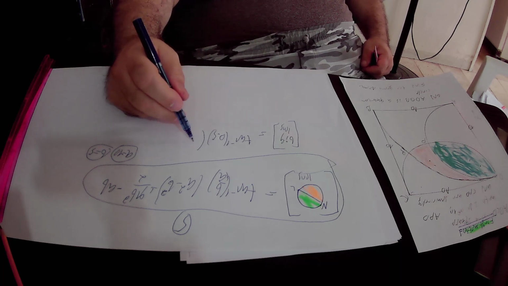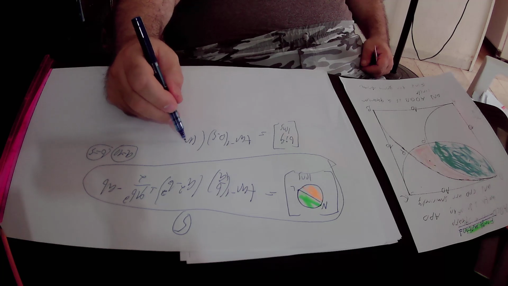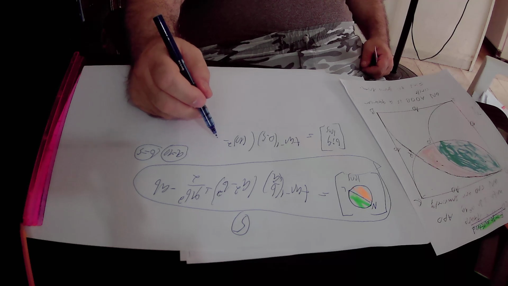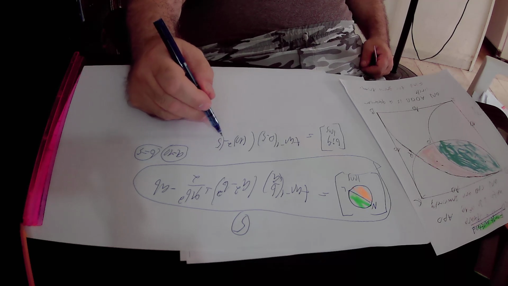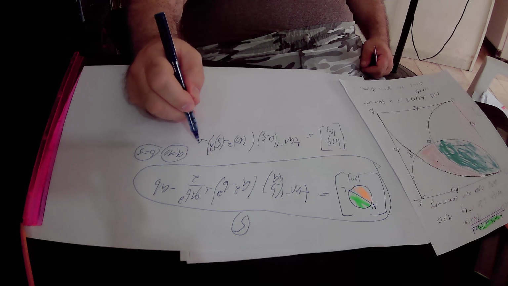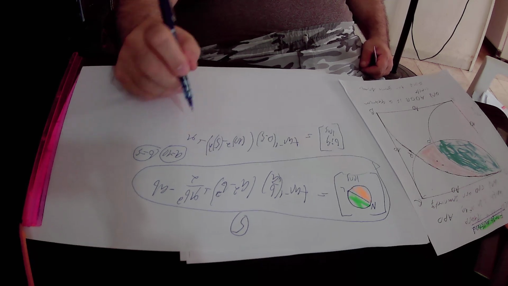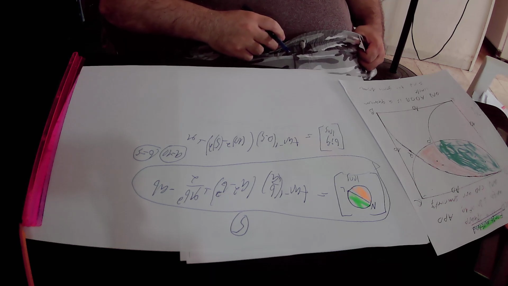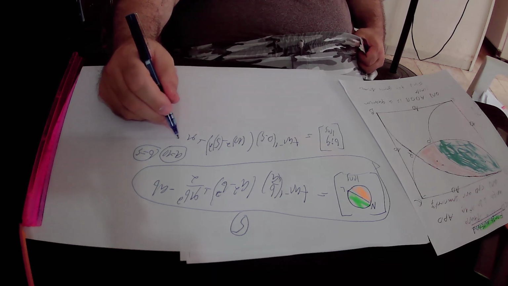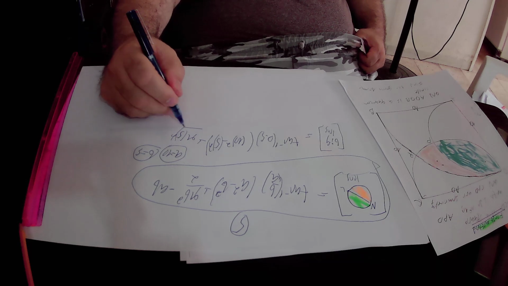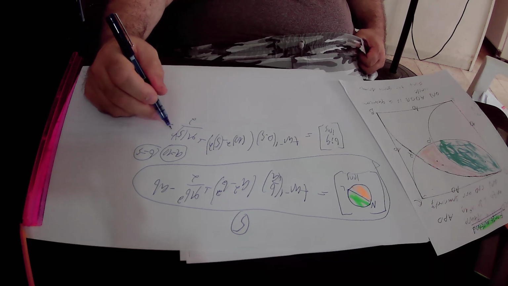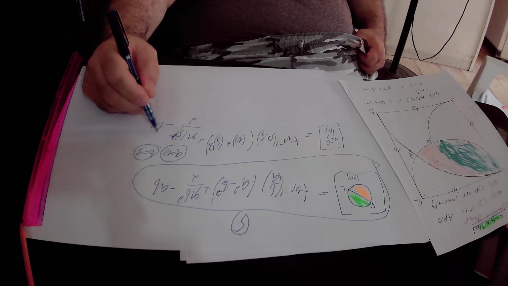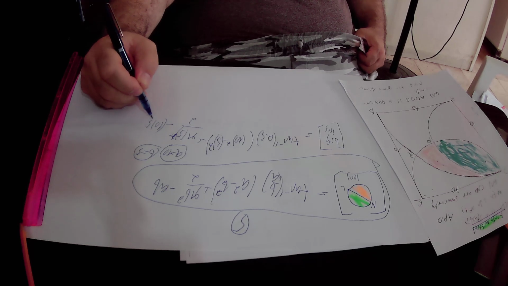A is 10, so A square is 10 square, minus B square. B is 5, so B square is 5 square, plus pi times B square. B is 5, so B square is 5 square, over 2, minus A times B, that is minus 10 times 5.